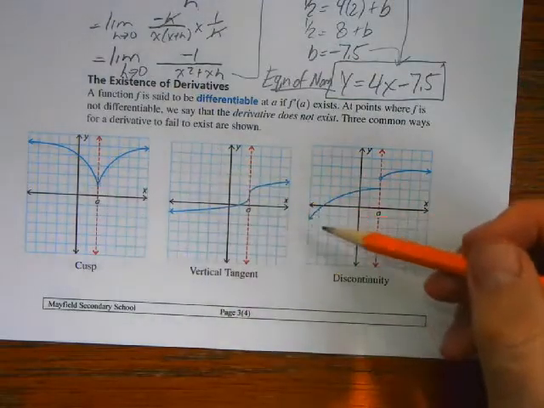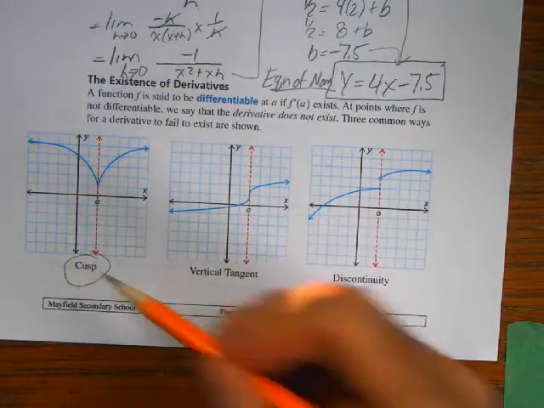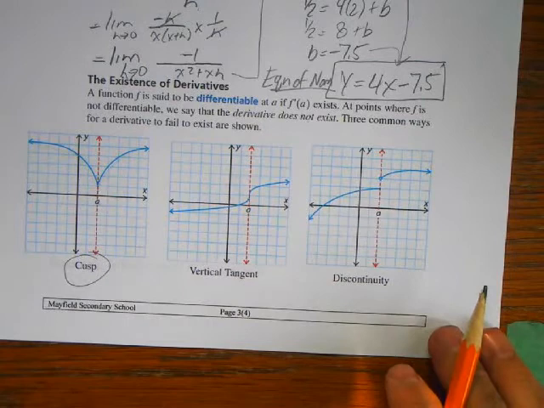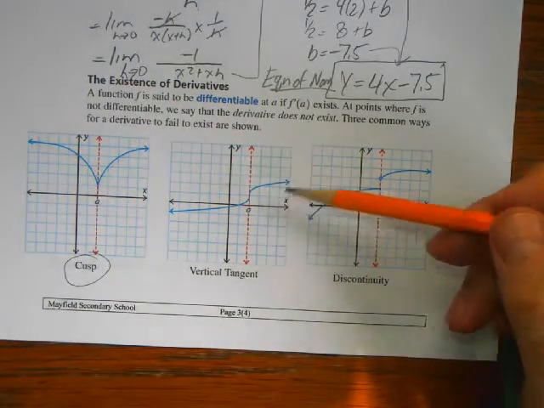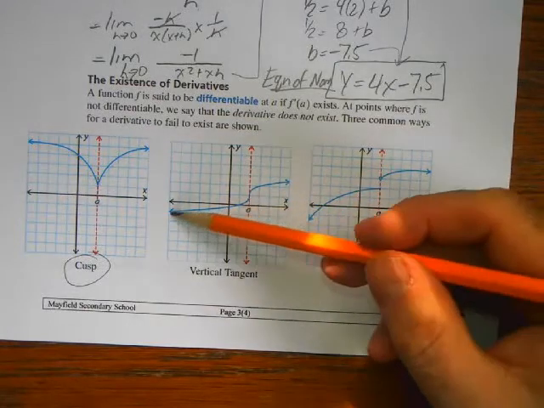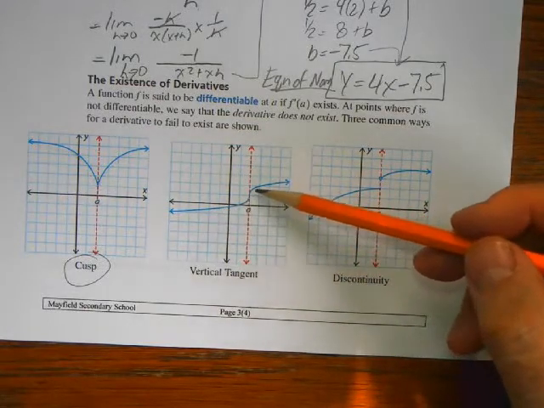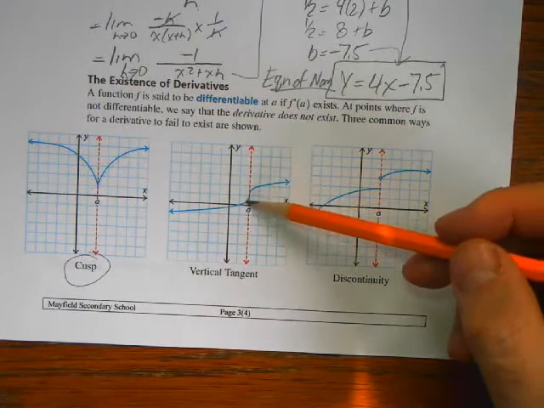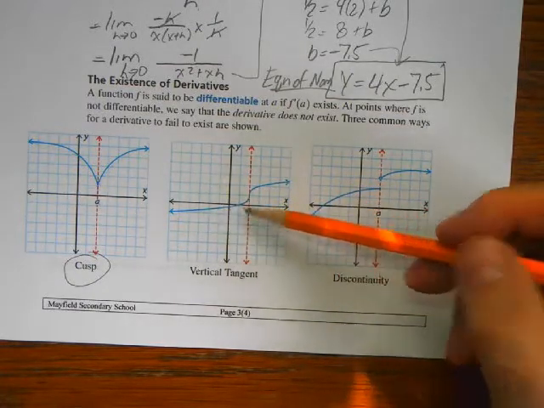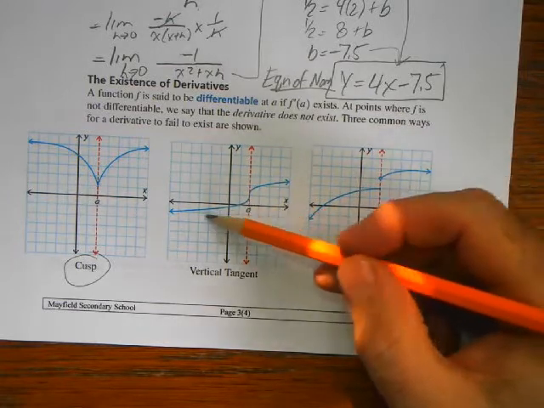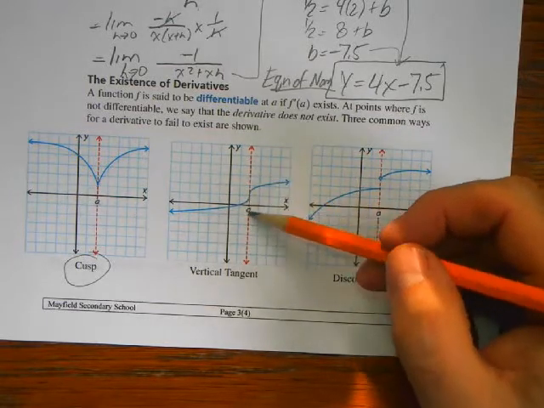Okay, now a vertical tangent. So you basically have a curve coming up. This is almost like y equals x cubed on its side. You can see here that it changes direction. At this point, you think about what a derivative is, what we just learned. It's the slope of the tangent.